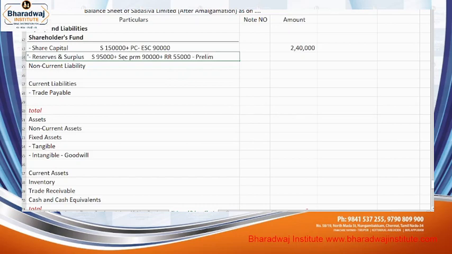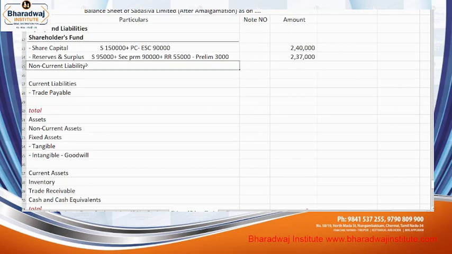Preliminary expense how much? 3,000. Okay. Purchasing company's reserves plus securities premium as per entry number 3, plus revaluation reserve, minus preliminary expenses. What is the net amount? 2,37,000.